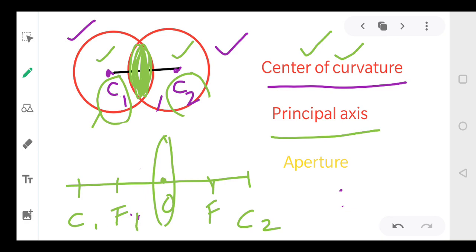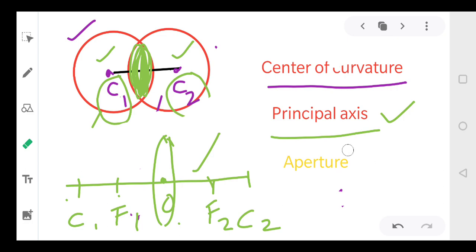So we will have two focus and two center of curvature in the lens. This ray is called principal axis. The imaginary line which is passing through the optical center, focus, and the center of curvature is called the principal axis. Clear?